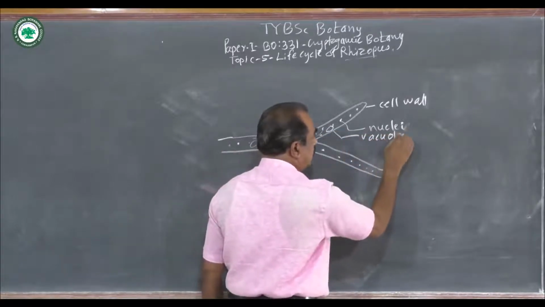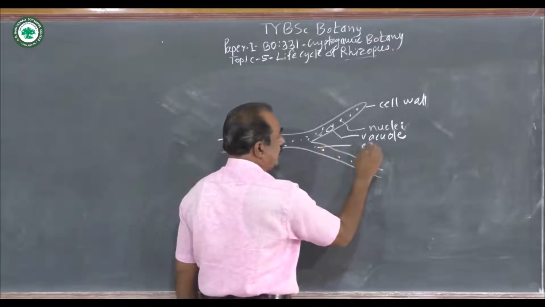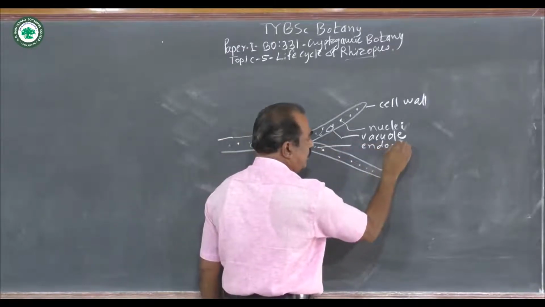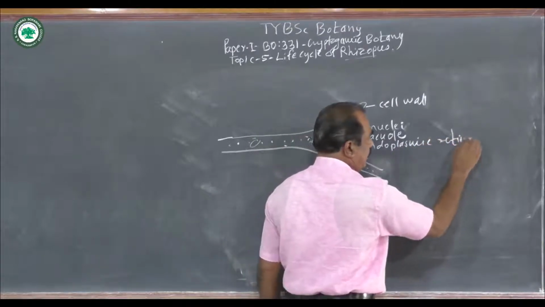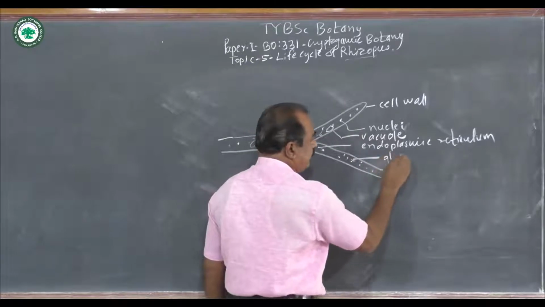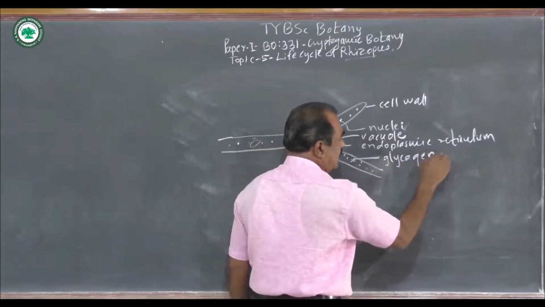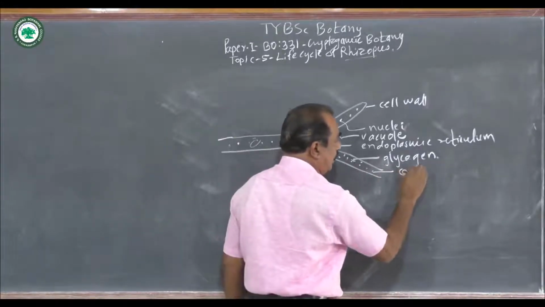Vacuole, endoplasmic reticulum, glycogen, which is the result of food material found in the Rhizopus. Oil drops are there.